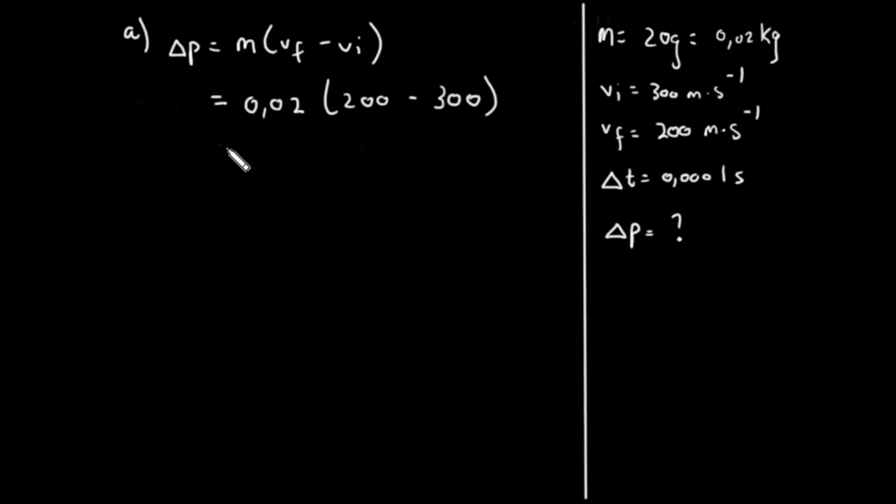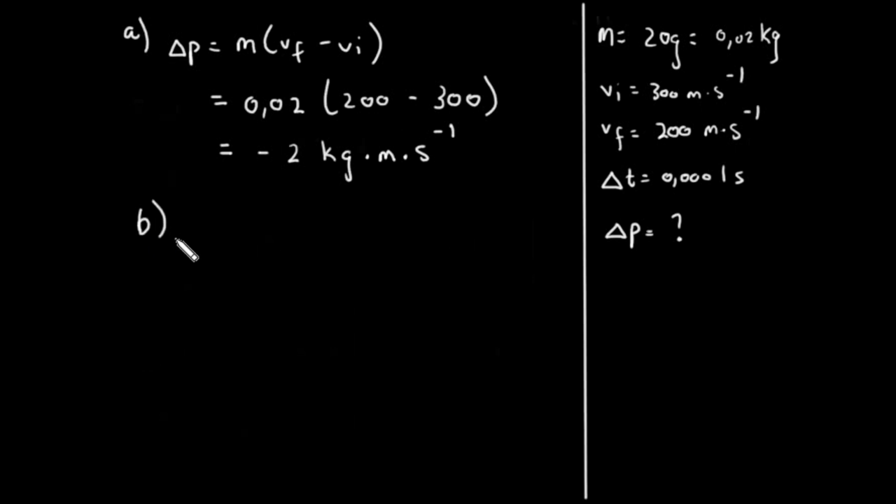And we know that therefore the change in momentum is equal to negative 2 kilogram meters per second. That's all. Negative 2 kilogram meters per second.